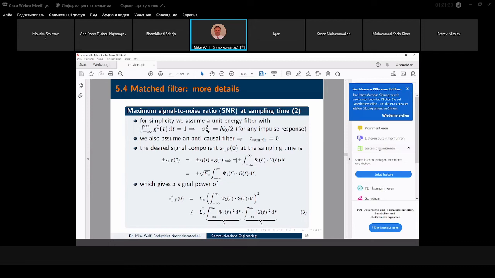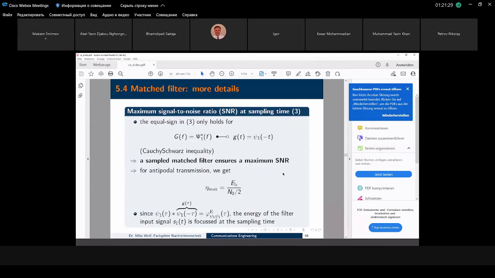So this means in the frequency domain, G of f needs to be the complex conjugate of psi1 of f. And therefore, in the time domain, there's only one possible solution for which the equal sign holds.